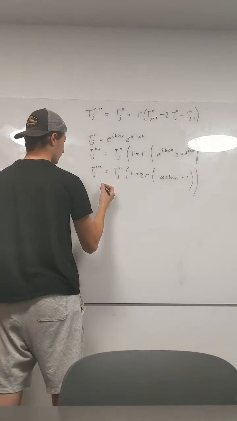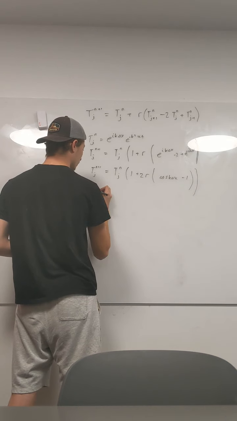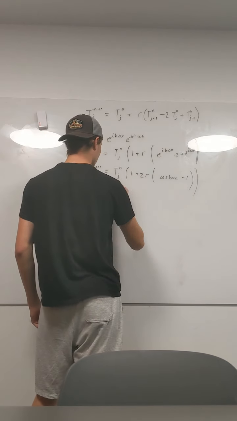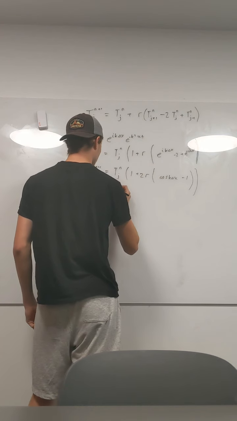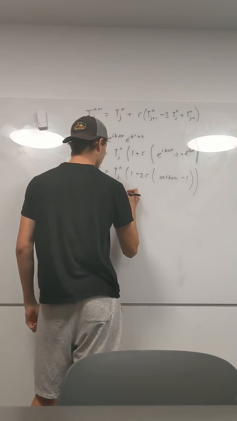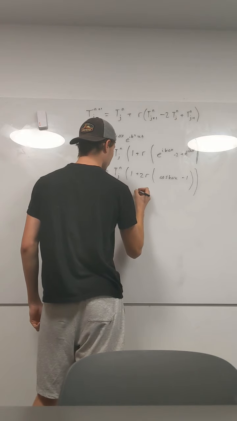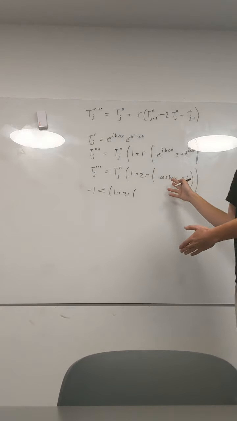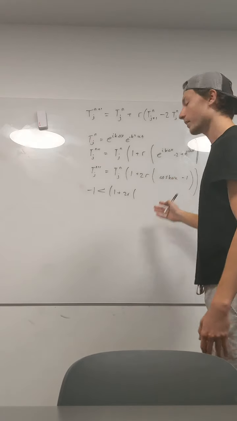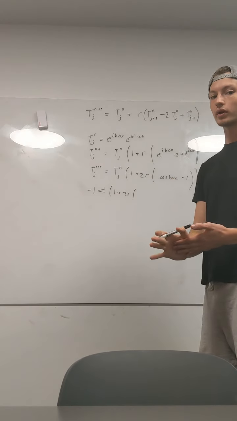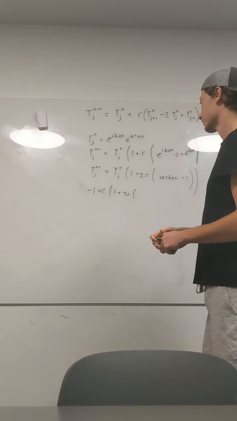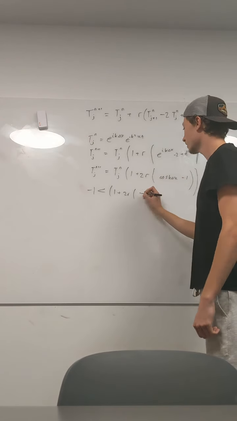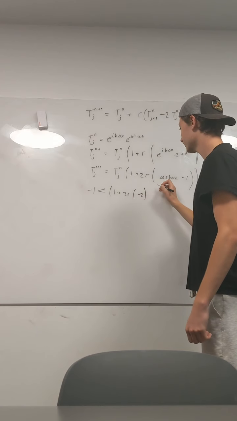So that's the minus 1, 1 plus 2r. An important thing to note here too is what is the maximum cosine can be? The maximum it can be in this case is -1, in any case actually. So it's going to be -2 on the inside there.